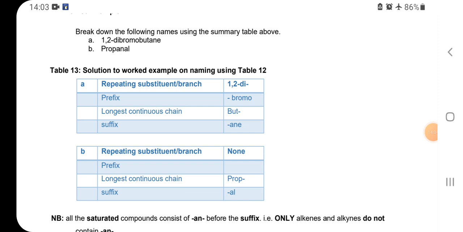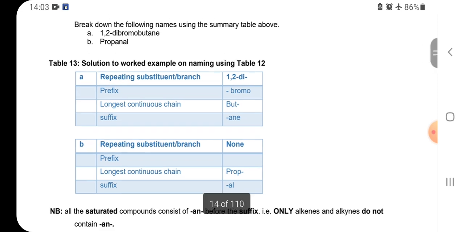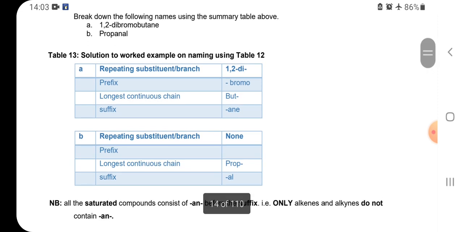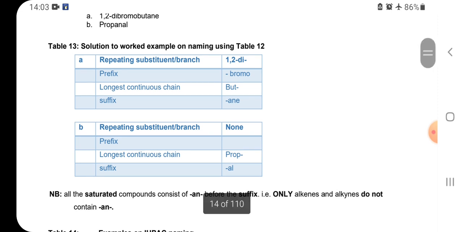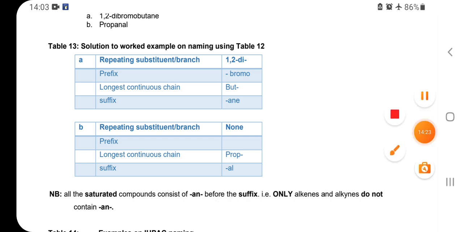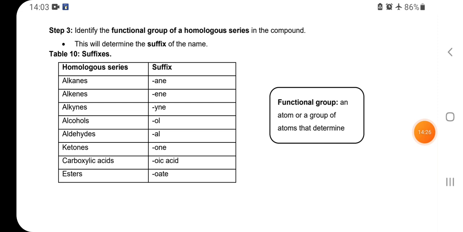And then the suffix ends with ane, so that is an alkane. And then propanal: the repeating substituent, it doesn't have branches. The prefix is not there. The longest continuous chain has prop, the number of carbons there. And then the suffix is al, and al is for aldehydes.